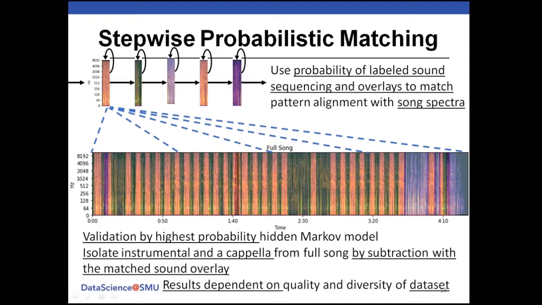The result is dependent on the quality and diversity of the data set to basically recognize and then use by highest probability and then label it, and then from there figure out how to separate it by subtraction and labeling recognition.